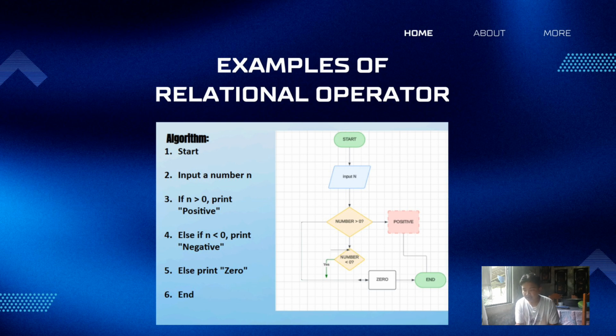But the algorithm is like, these control how the program reacts based on comparison. So it starts, input number n. If n is greater than 0, print positive. If n is less than 0, print negative. Else print 0, and then lastly end.